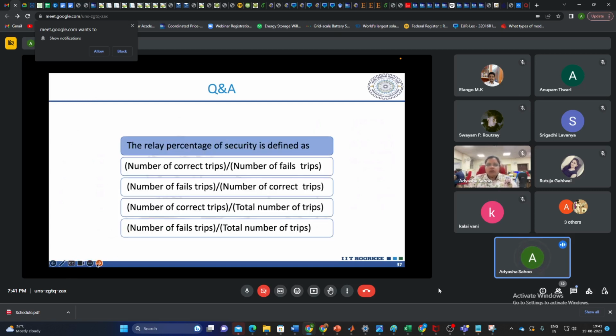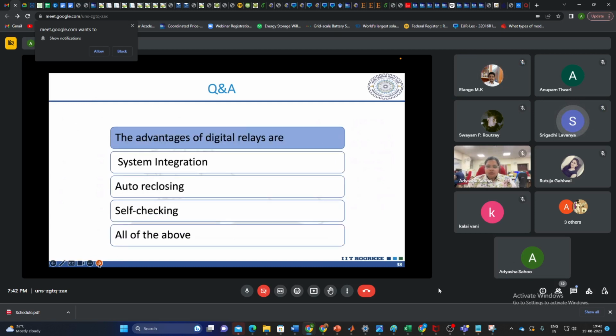Then we had the relay percentage of security. C is the answer, ma'am: correct trips by number of trips. Okay, these are repetitive, I understand. So the advantages are all of the above.